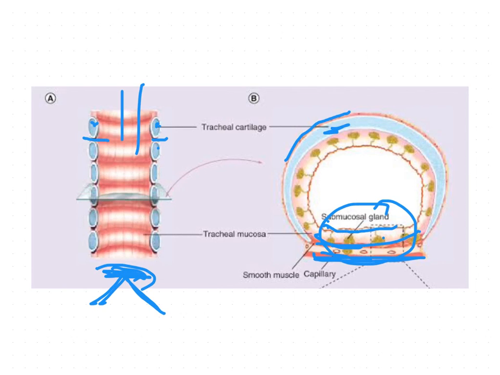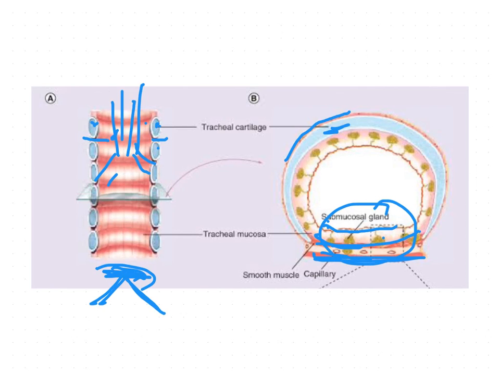Because of this mucus, these foreign particles are trapped, and the soiled mucus is then expelled by coughing. The cilia of the mucous membrane beat upwards, pushing the mucus towards the larynx.